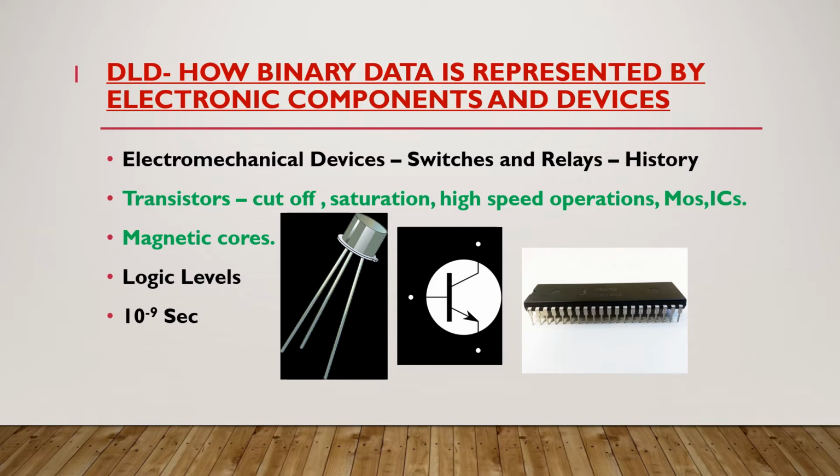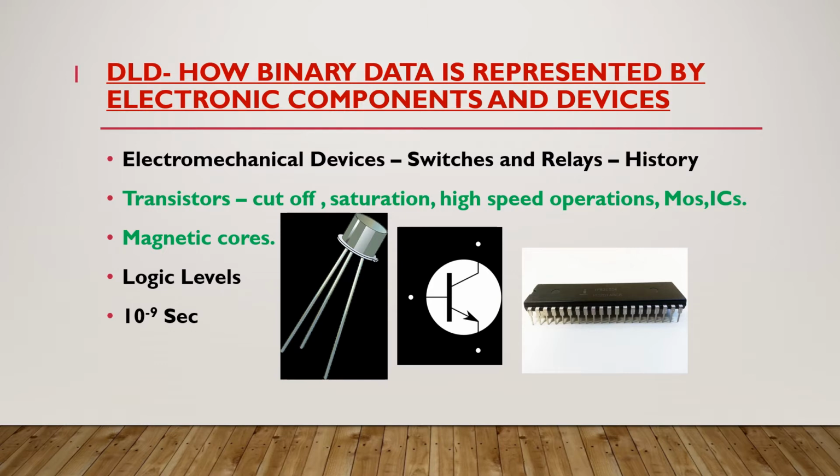And when you apply a positive voltage between the base and the emitter, because it is an NPN transistor, the transistor will start conducting and go into the saturation state. Now when it goes to the saturation state, as you must have studied in electronics, it is like a short circuit, and when it is a short circuit, it indicates 0.